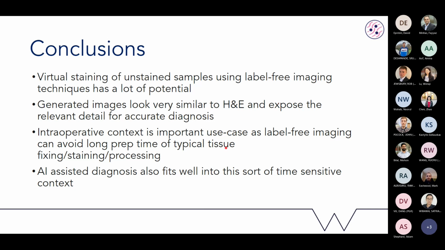And an important use case for this sort of stuff is in the interoperative setting, where in particular you have this time sensitivity. And AI-assisted diagnostic also fits well into this context, as if you can help the pathologist with AI, it helps with decision making in the very short time frame that you actually have.